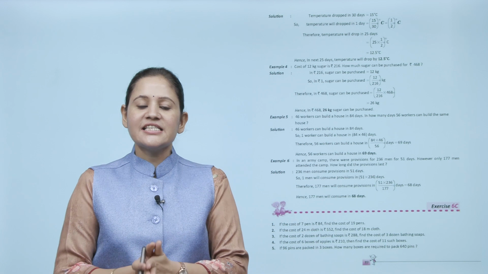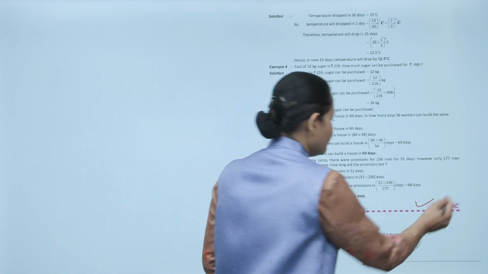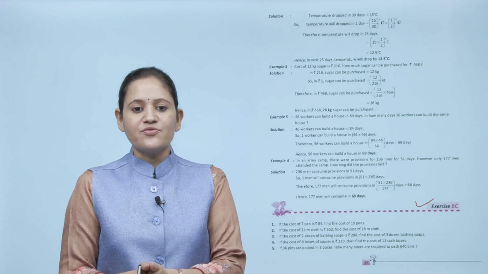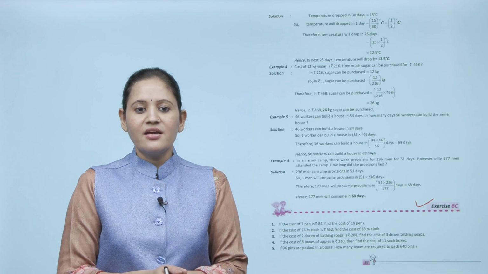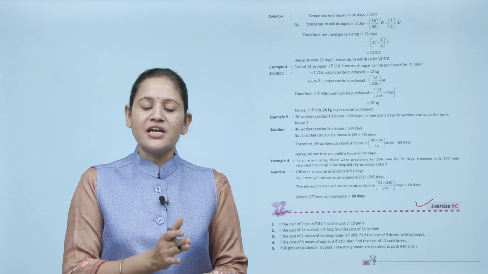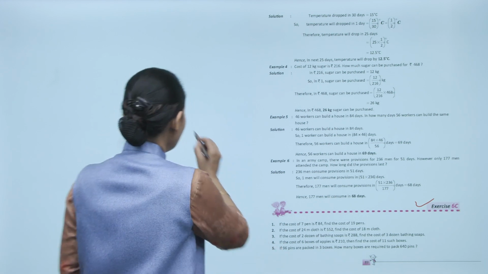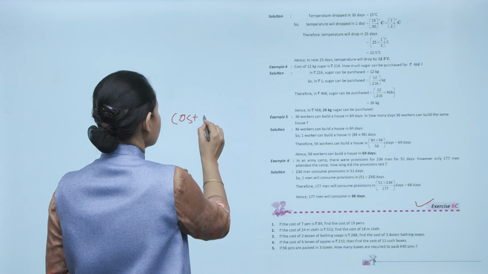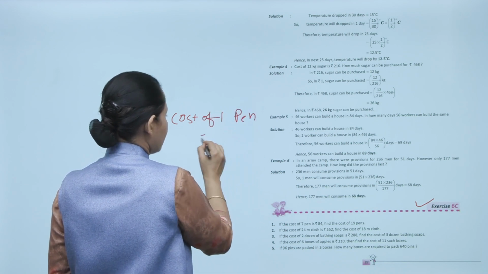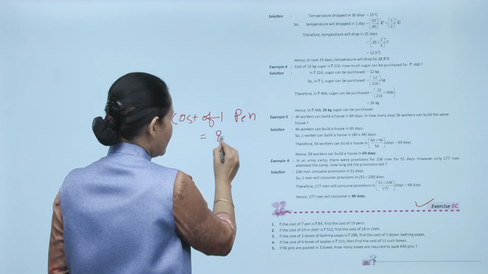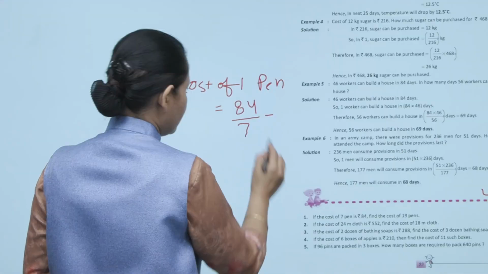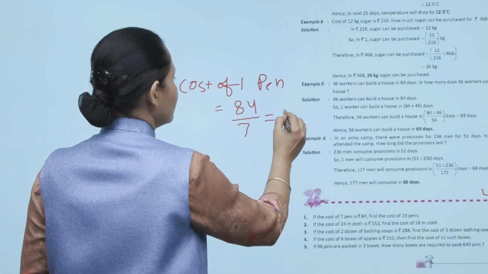Next, exercise 6C. If the cost of 7 pens is rupees 84, find the cost of 19 pens. 7 pen की cost given है, we have to find the cost of 19 pens. So first we will find the cost of 1 pen. Cost of 1 pen equals 84 upon 7, that is equals rupees 12.